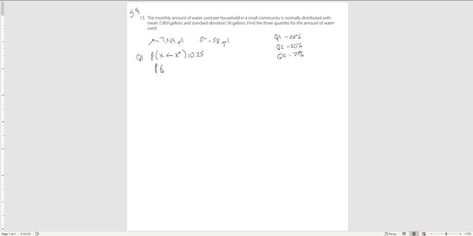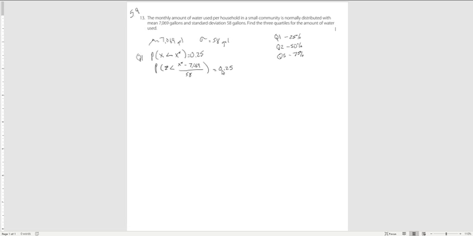So this is similar, we transform this. My X star minus 7,069 divided by 58 is going to equal 0.25.